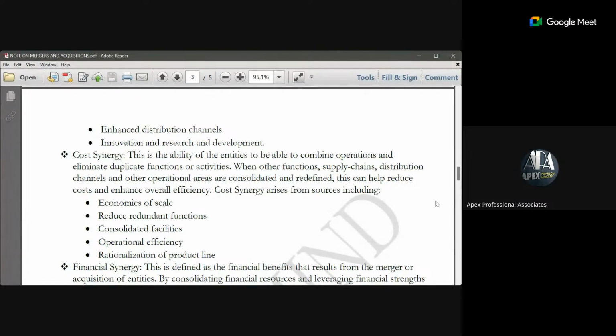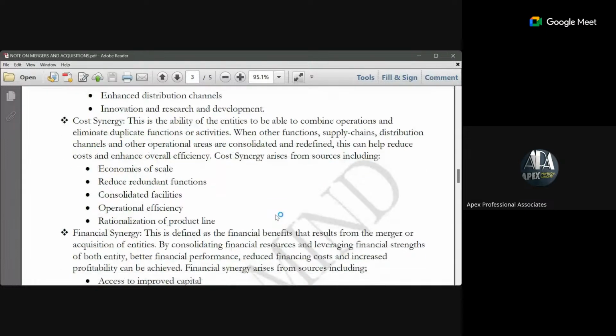They can now specialize. Individuals can now specialize in different activities to ensure that, yes, they definitely meet up with deadline. And doing so, they save themselves from avoidable cost. So that is one of the ways by which companies can save cost as a result of mergers or acquisition.